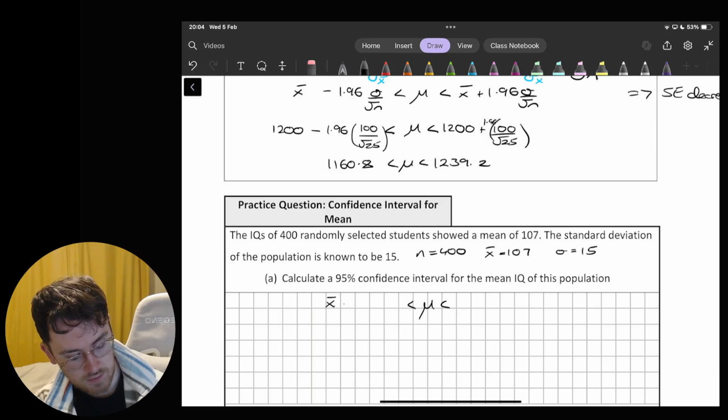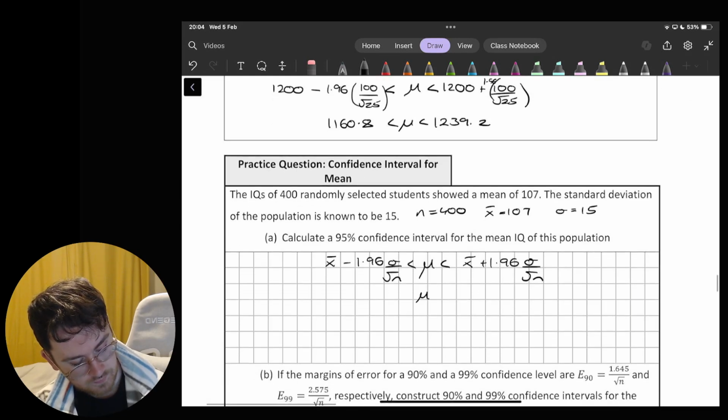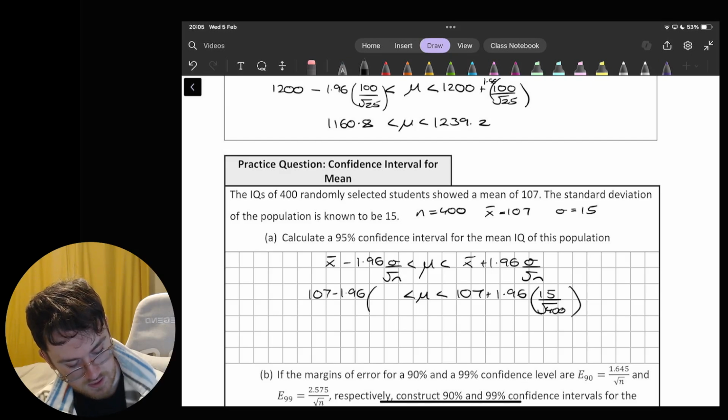So that's X bar minus 1.96 sigma over root n, and X bar plus 1.96 sigma over root n. So 107 plus 1.96 times 15 over root 400, and 107 minus 1.96 times 15 over root 400.